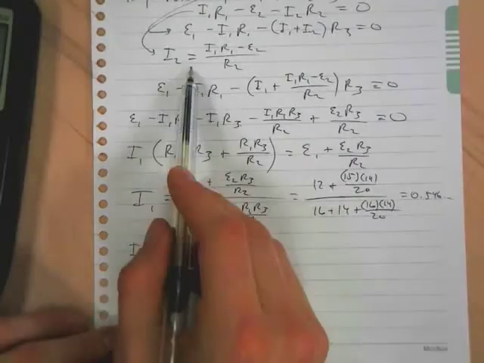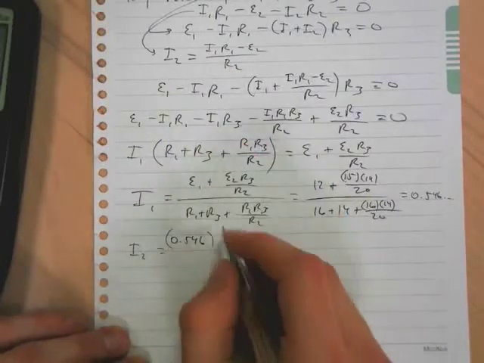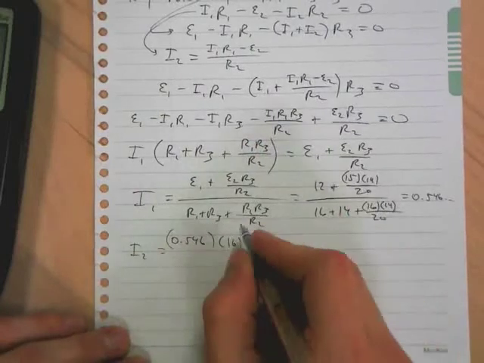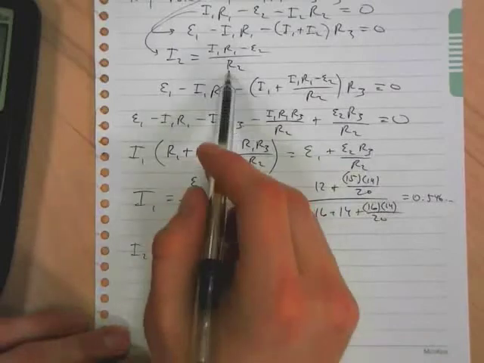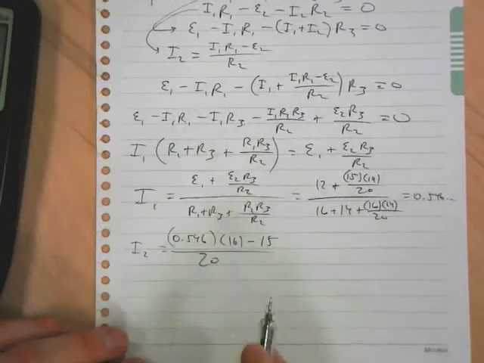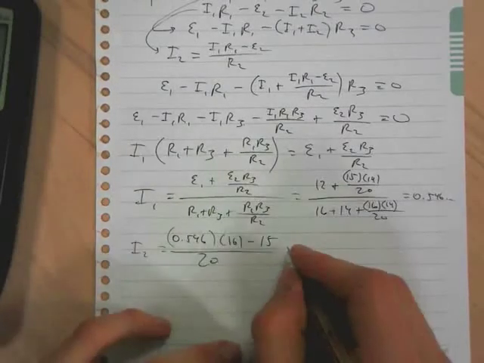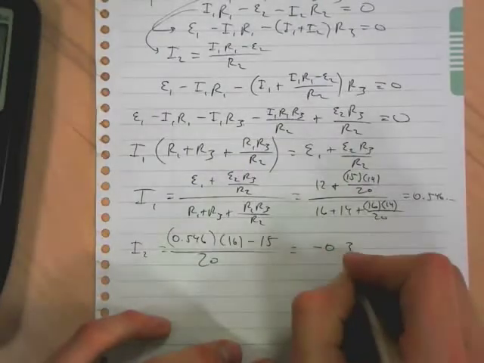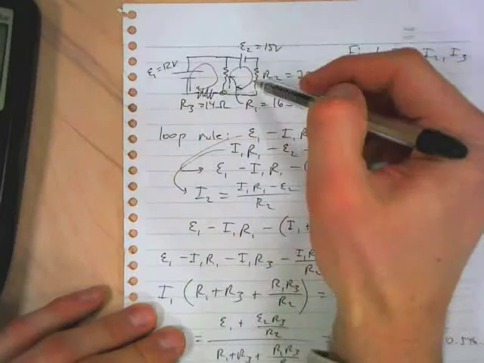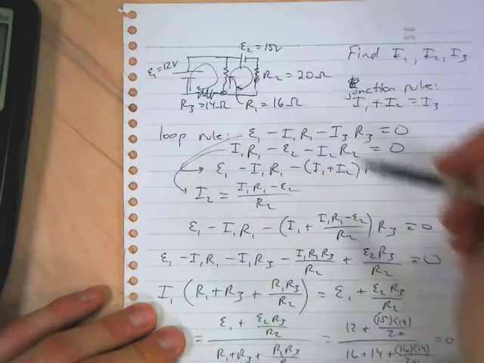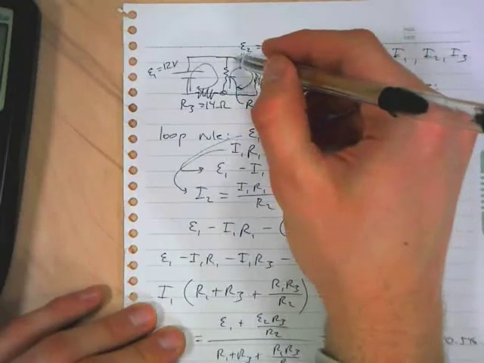Then I2, going back up to this equation, is 0.546, etc., times R1, which is 16, minus E2, 15, over R2, which is 20. That comes out to minus 0.313. So that means I2, I assumed, if we look back at our diagram, I assumed our current was going this direction through the resistor. Because it's negative, it is in fact going this way, which kind of makes sense. You've got a battery here, which is going to push current that way.